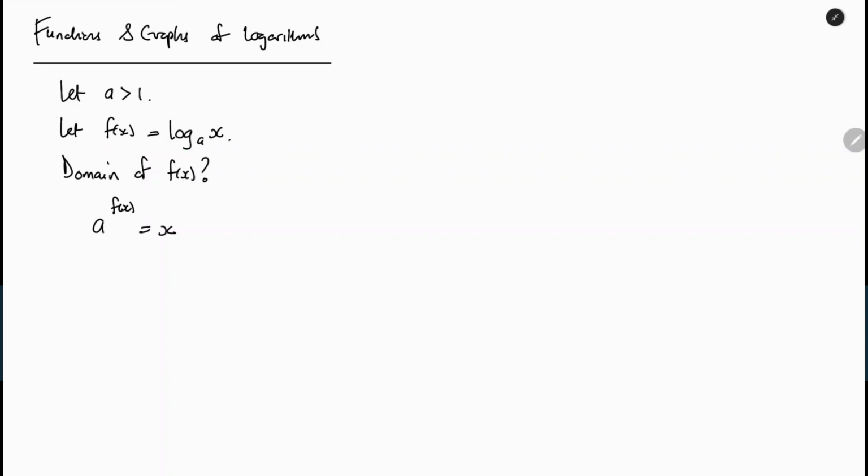Okay, so what we have here is that f of x is some number. A, as I mentioned, is a real number greater than 1. Now, if you take any positive real number and you take it to the power of any number, positive or negative, is it possible that x can be less than or equal to 0? No, it is not possible.